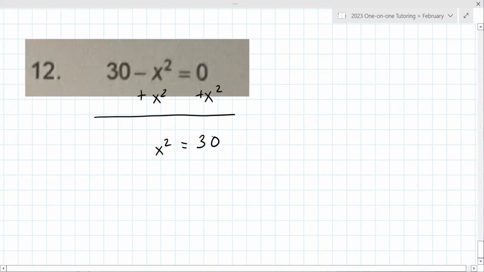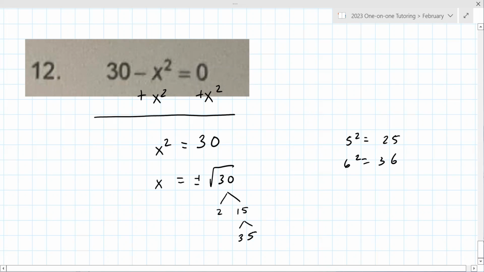But it's x squared equals 30. And this is problematic because we know that 5 squared is 25 and 6 squared is 36, but we do not know the square root of 30. And actually, this one does not reduce. You would normally try prime factorization of this, but do you see that there's no pairs, no duplicates?